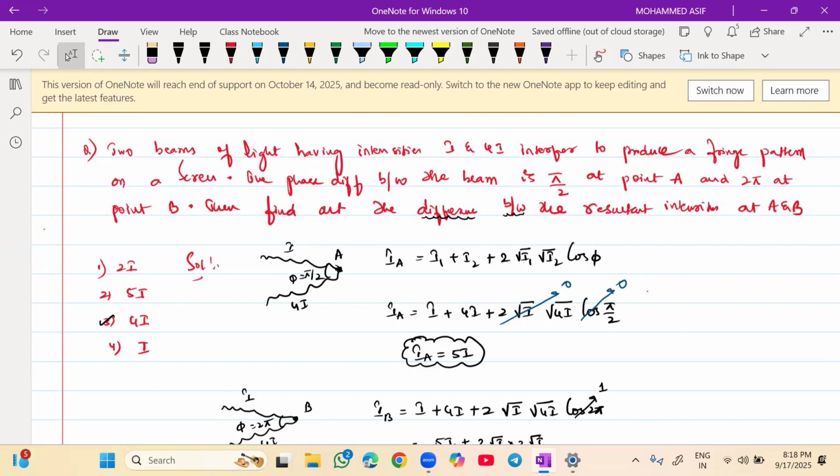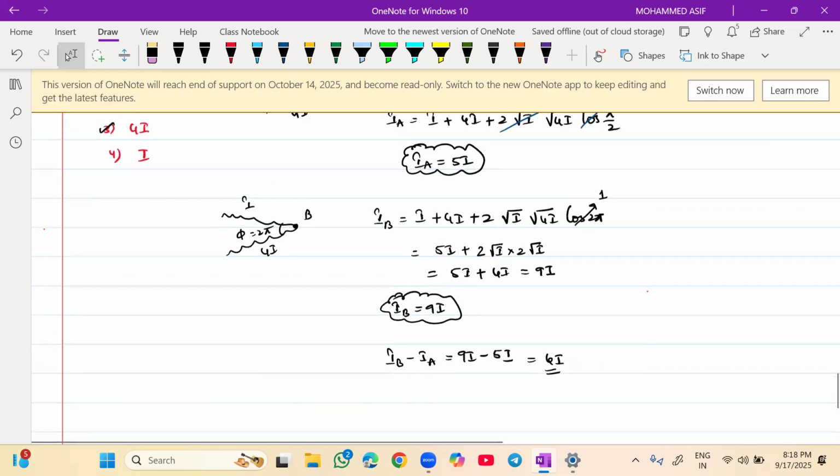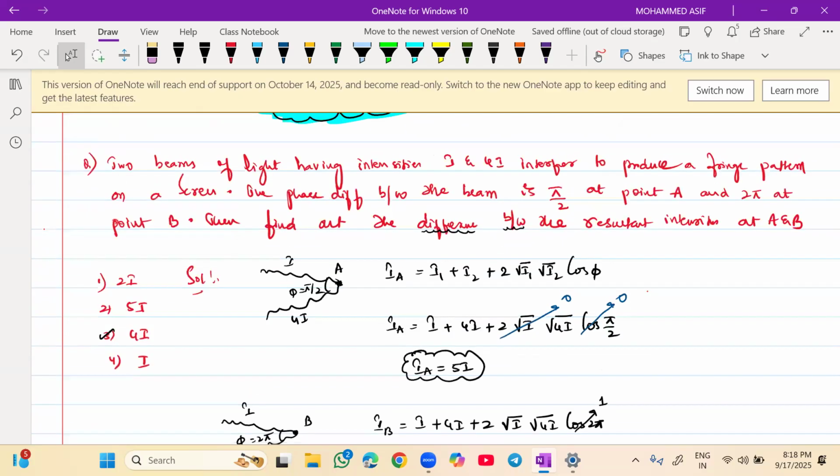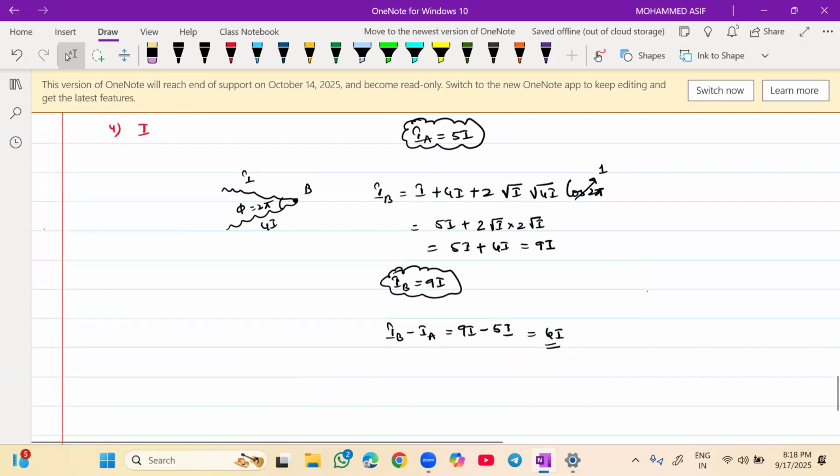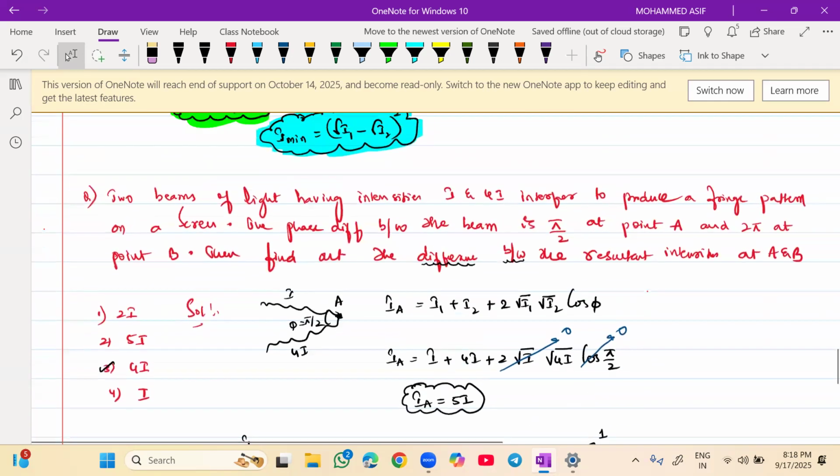Intensity at A is for the angle between them being 90 degrees. Intensity at B is for the phase difference being 2 pi. And the problem is asking the difference. He may also ask the ratio for that one. So at that time we take the ratio, or if it asks the difference, IB minus IA will be equal to 4I. Any doubt in this question?